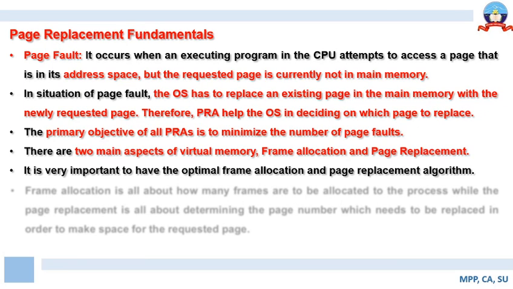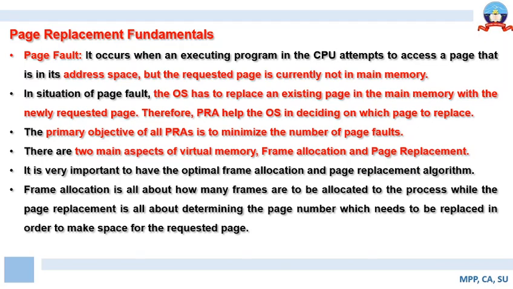Now it's very important to have an optimal frame allocation and page replacement algorithm. So it's very important for us to have a very strong frame allocation and page replacement algorithm in place in the operating system to facilitate paging.